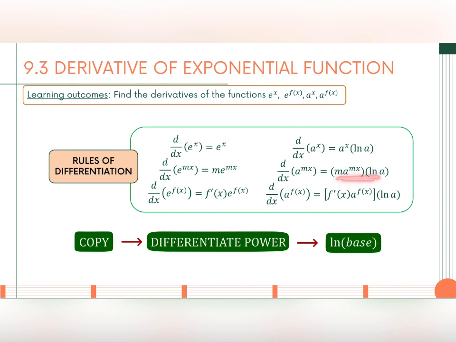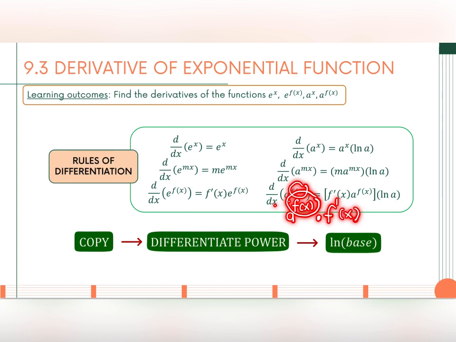Okay, jadi saya terus gabungkan yang kawasan sini pula. Saya terangkan benda yang sama juga. So differentiate a to the power of f(x). It will be a to the power of f(x) first. Maksudnya kita salin, darab dengan differentiate power. Differentiate power kita dapat f prime x. Ini secara general.